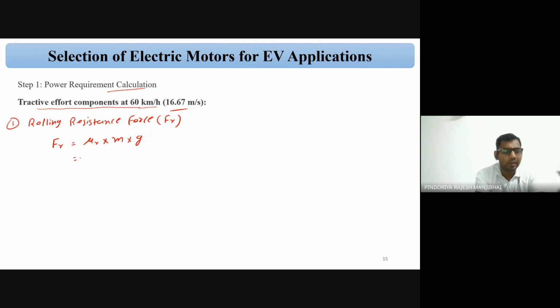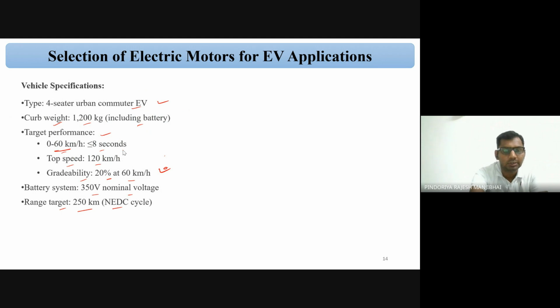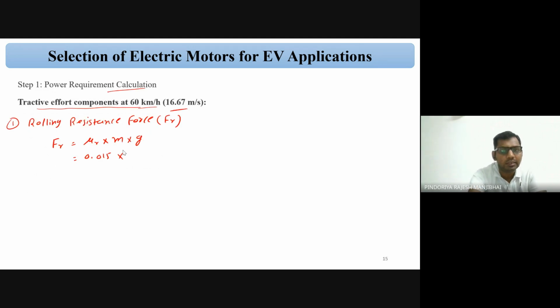We can assume mu r is 0.015, since it is not given by the customer, and the maximum value of mu r is 1. Mass is given as 1200 kilograms, and gravitation is 9.81.